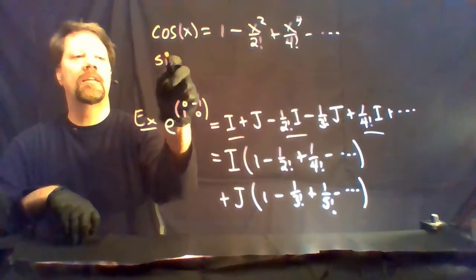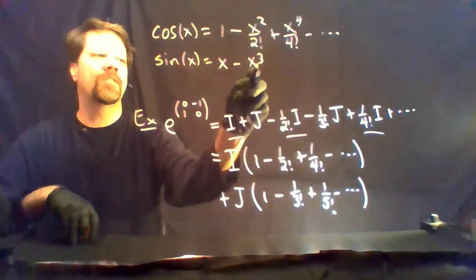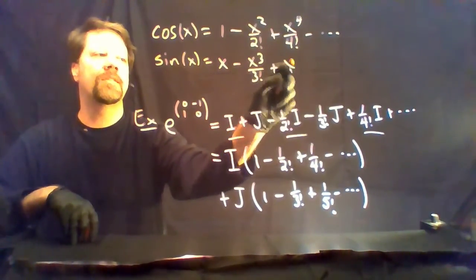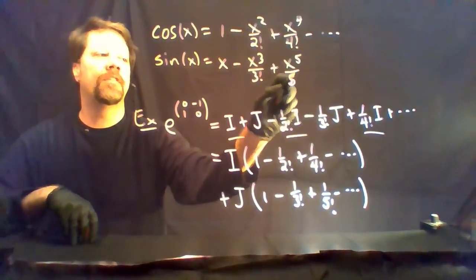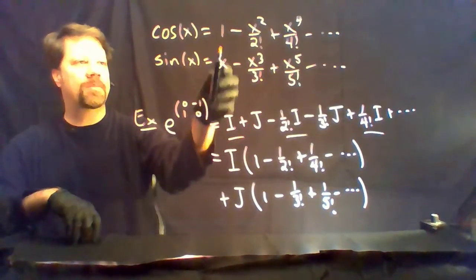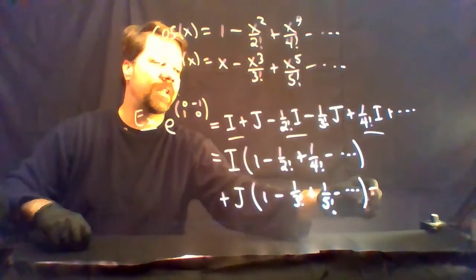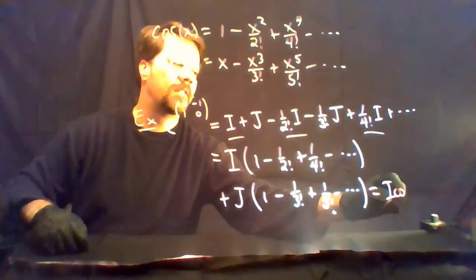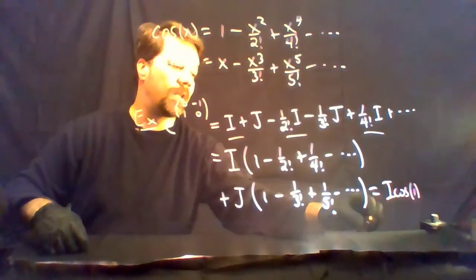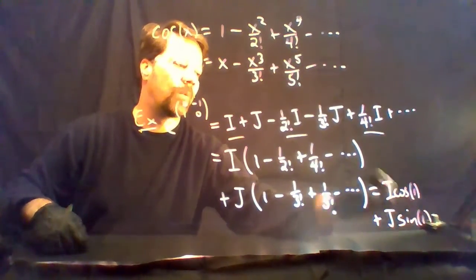And sine of x has Maclaurin series x minus x cubed over 3 factorial plus x to the fifth over 5 factorial and so on. If you substitute x equals 1 into each of these expressions, you can see that what you get here is I times cosine of 1 plus J times the sine of 1.